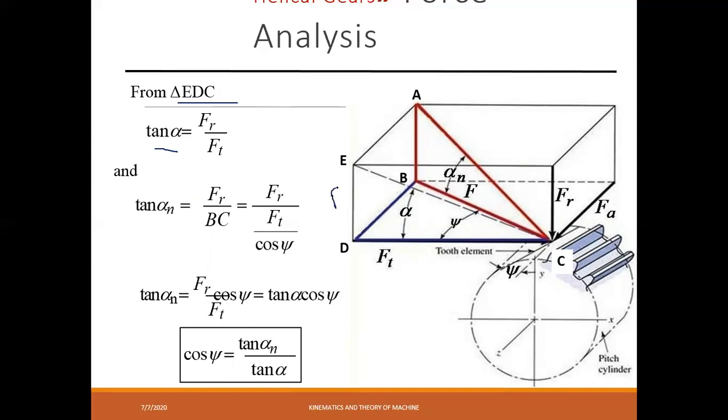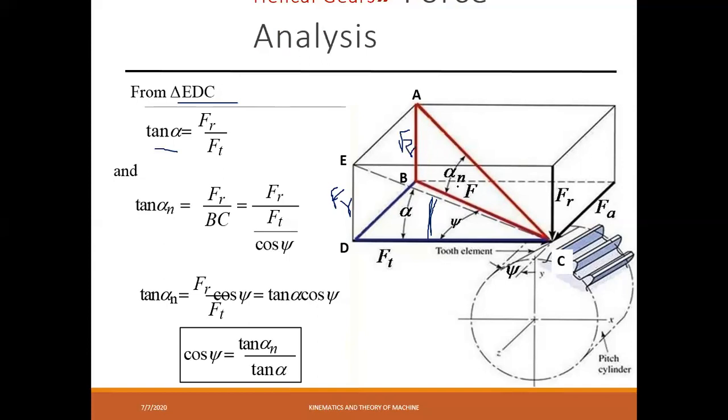So this is the FR, FT is here, and the angle alpha is here, right? So tan alpha is equal to the opposite side FR divided by FT. So tan alpha is equal to FR upon FT, and tan alpha n is here. This is also the value of FR.